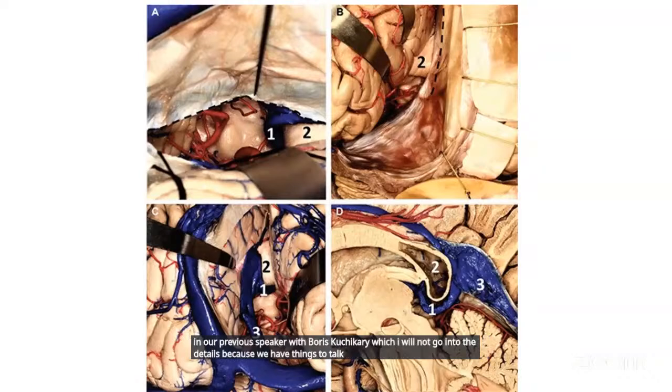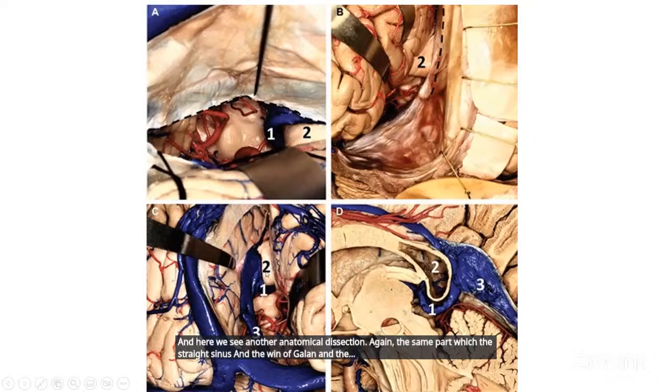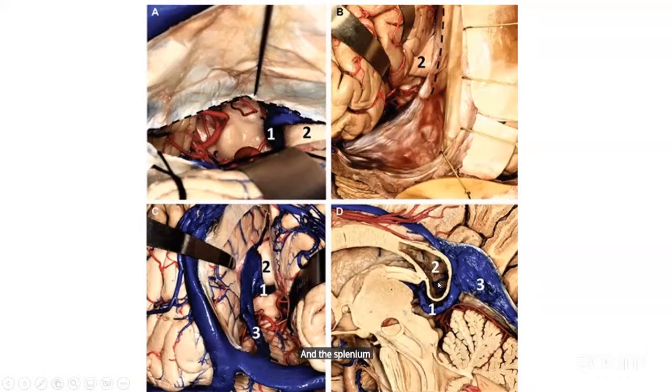And here we see another anatomical dissection. Again the same part: the straight sinus, the vein of Galen, and the splenium. As you see, this confluence is anatomically very intricate and has neighboring structures, and the splenium is one of the main landmarks. But is it the only landmark?